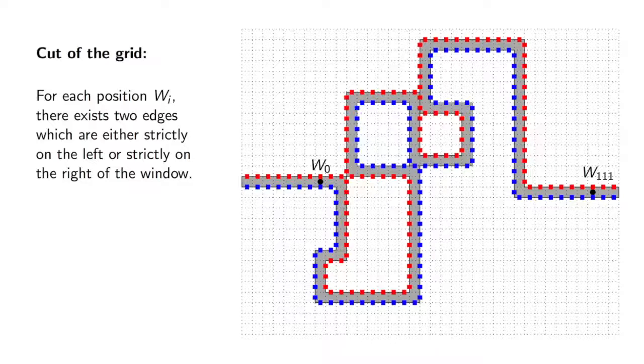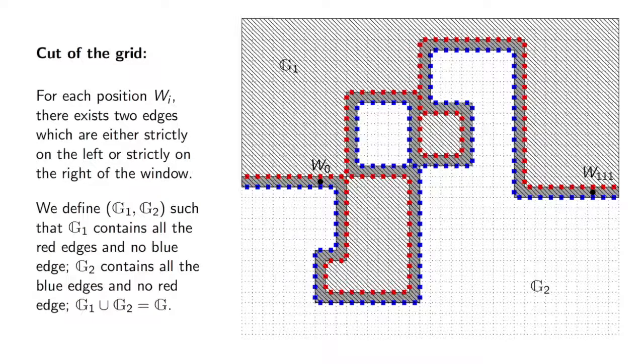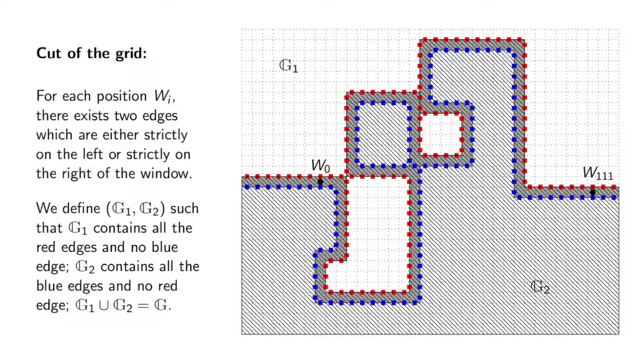Now we define a cut of the grid. A cut of the grid is a couple of 2 graphs G1 and G2. Here we represent the graph G1, which is the left side of the cut of the grid. This graph contains all the red edges but no blue edges. This graph is also the connected component of the cut made by the blue edges which contains the window W. In particular, remark that this blue edge does not belong to the graph G1 even if both of its extremities belong to G1.